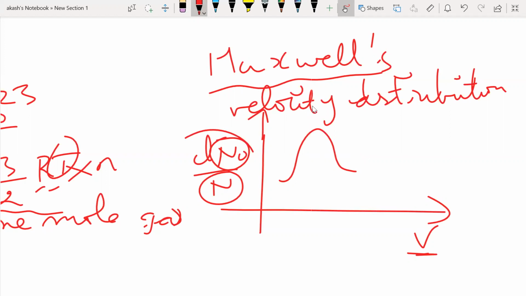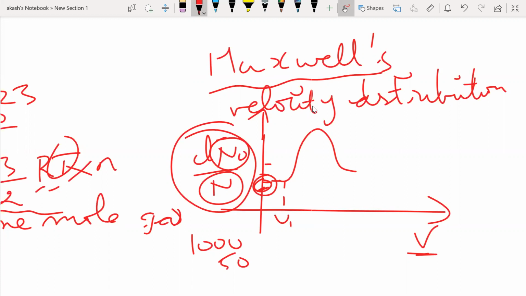Again, I'll explain what this term is. It talks about a group of particles. Let me assume the total number of gas molecules I have is 1,000. This value is pretty small, say 50. What I mean by this is that 50 molecules have a velocity of say v1.